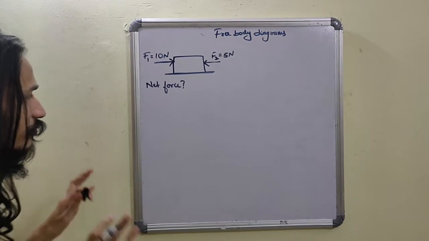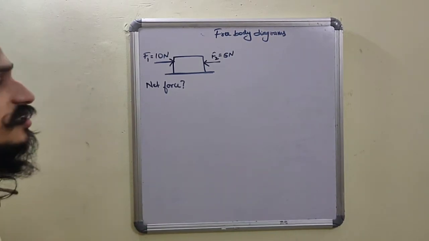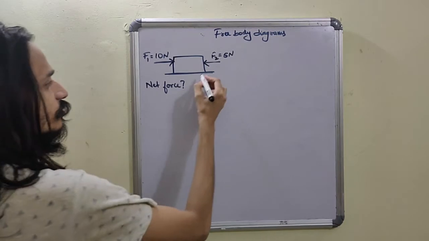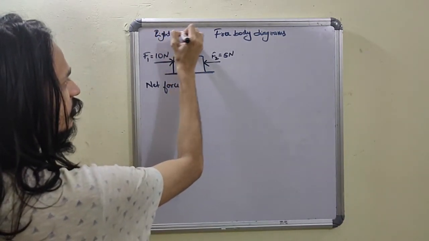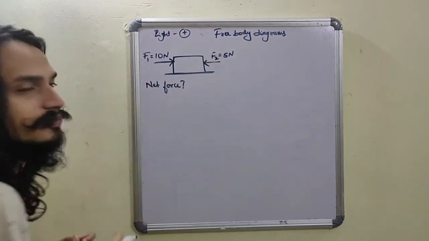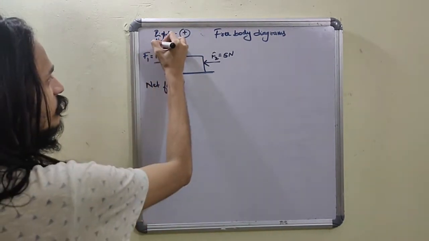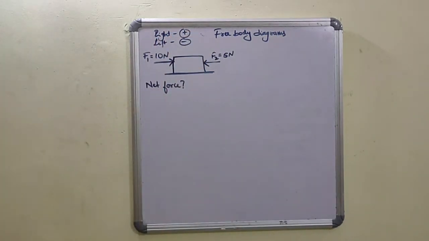Now you start off the sum by picking any one direction as positive, and the other direction as negative. So I'll assume that for this case I'll say right is positive. Any force acting in the right direction is positive, so left will obviously be negative.